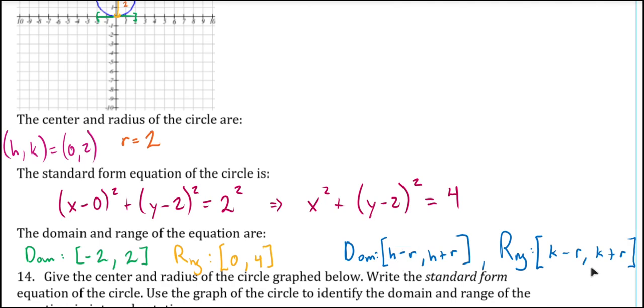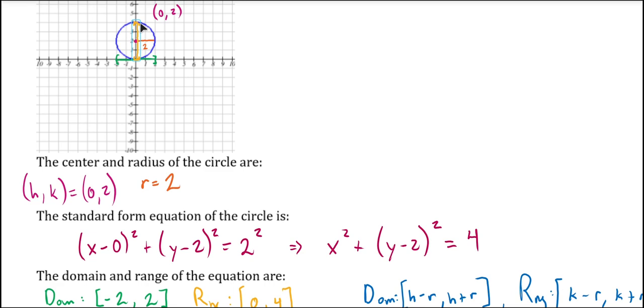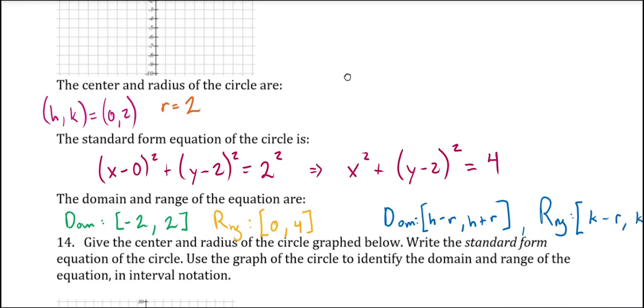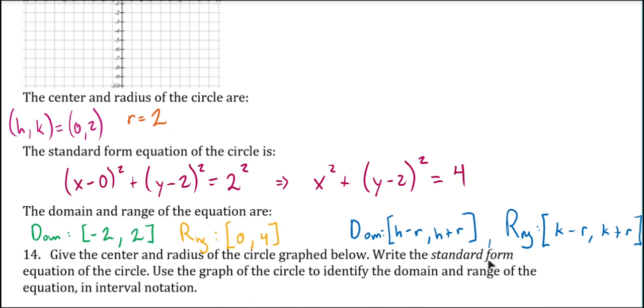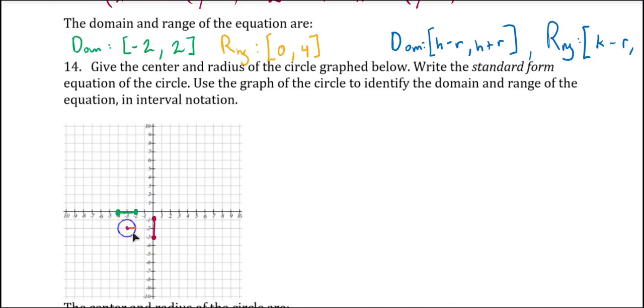Likewise, for my range, I could start at k, a y value, and go down by r or go up by r to get these points on the circle, which tell us our highest and lowest in terms of y. So our domain and range can always be found by adding and subtracting r to the h and k values respectively.